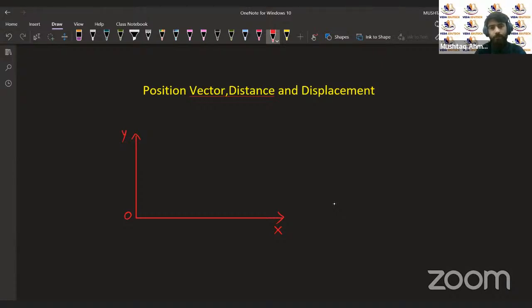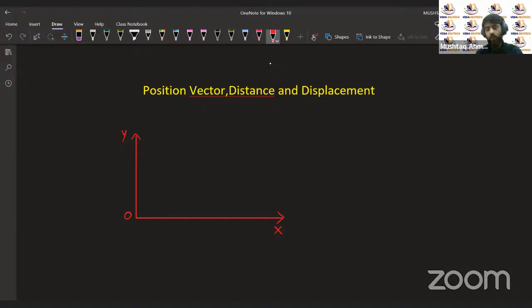Generally, motion is of two types. One is rectilinear motion, and another is what we call curvilinear motion. The translational motion is of two types. Rectilinear motion is basically motion along a straight line. It's a one-dimensional motion.